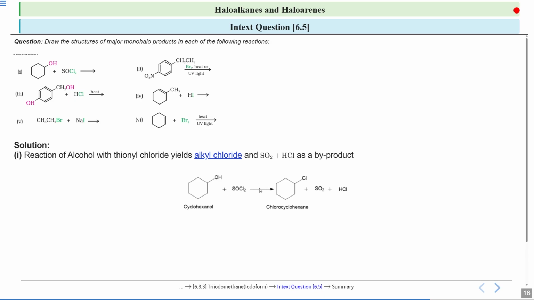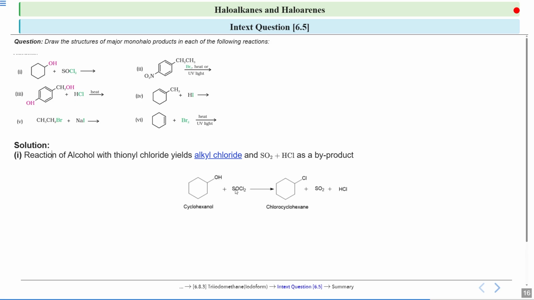The oxygen lone pairs will attack this sulfur, and a bond will form between oxygen and sulfur. After which the oxygen attains a positive charge, and the hydrogen attached to this oxygen will be removed after the attack of one of the chlorines from the SOCl2.